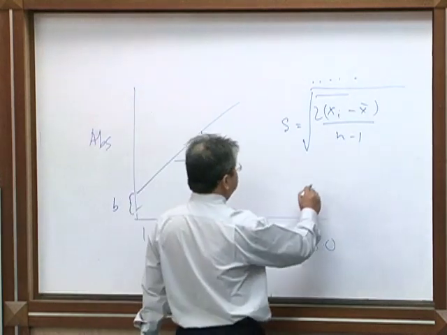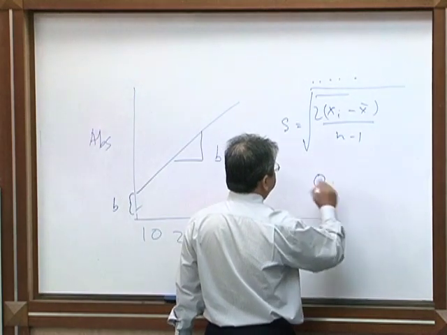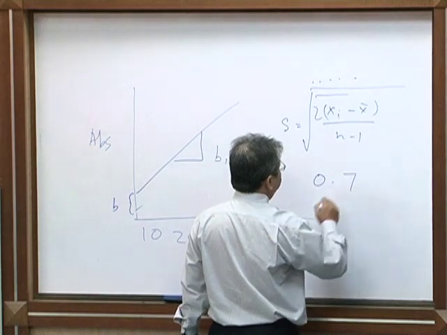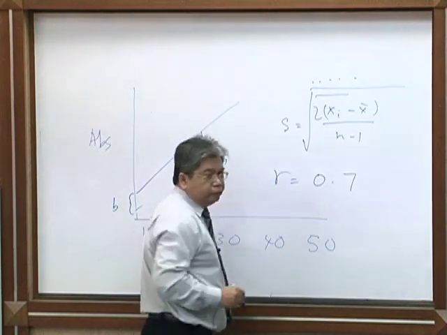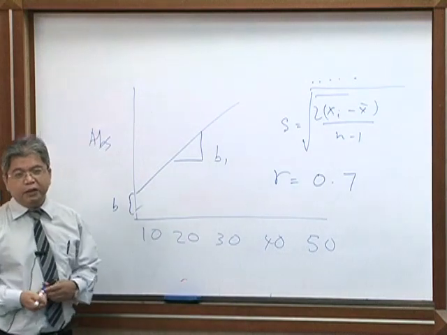Let's say if we had a value of 0.7 R, what is the R squared?